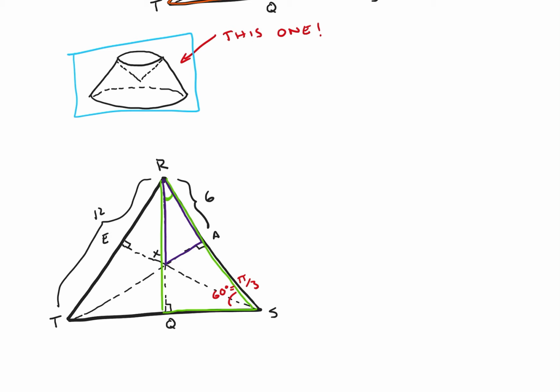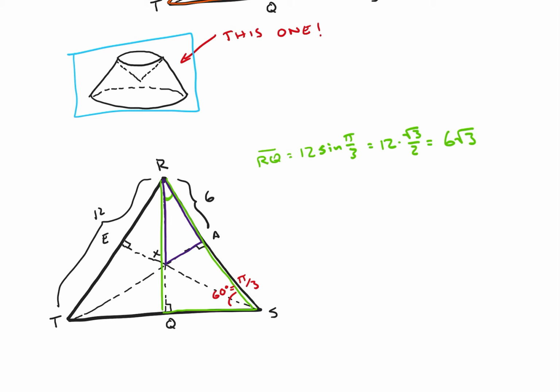So to get the length of our side RQ, we know that side RQ is going to be 12 times sine of pi over 3. Sine of pi over 3 is root 3 over 2, which will give us 6 square root of 3. So that's our overall side RQ.